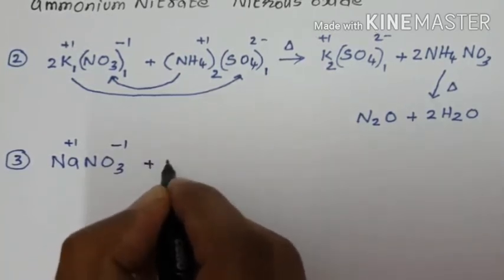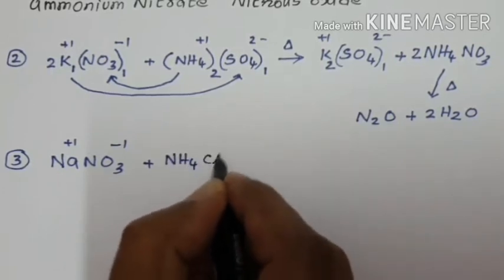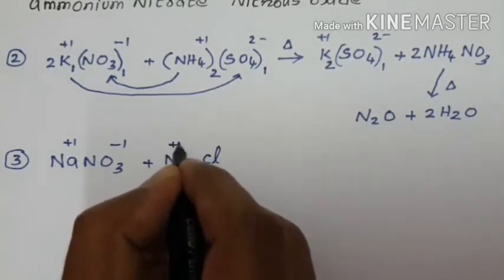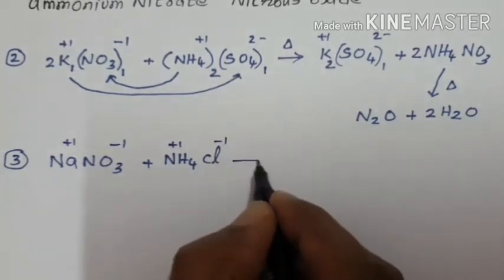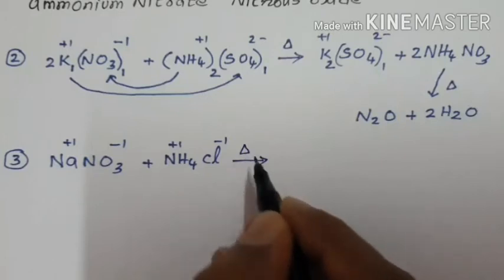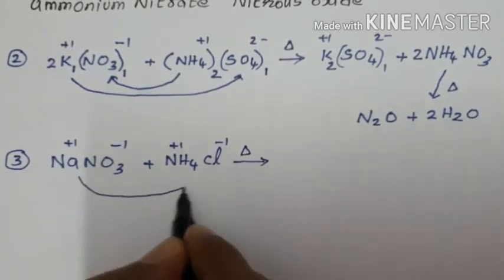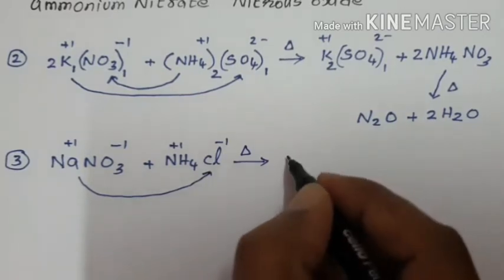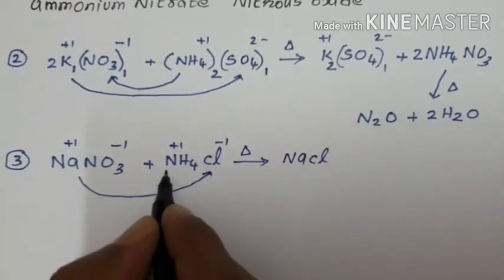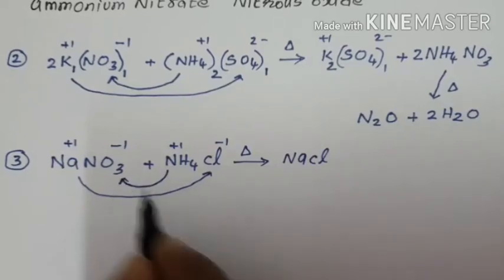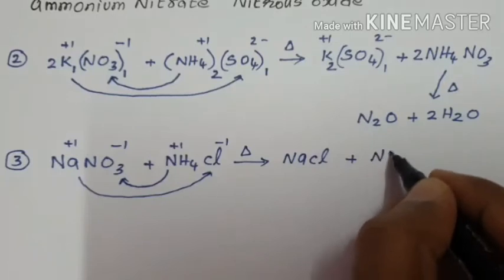When treated with ammonium chloride, NH4Cl, ammonium monopositive ion, chloride minus, on boiling it undergoes a double decomposition reaction. Na plus combines with Cl minus to form NaCl. Ammonium plus combines with nitrate minus.